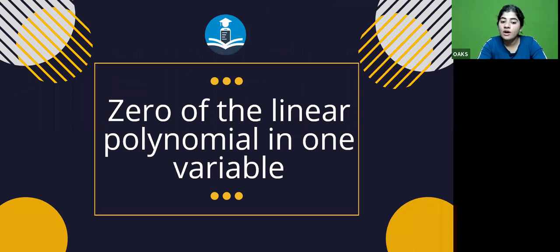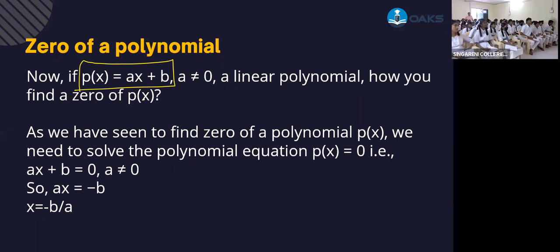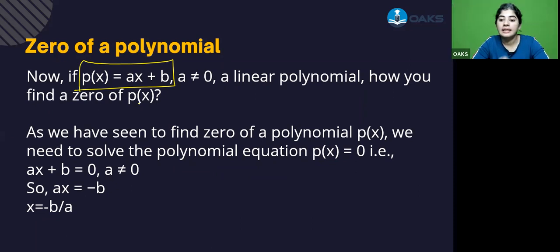Now, 0 of the linear polynomial in one variable. You understood the concept of what is 0 of the polynomial. Now we are finding 0 of linear polynomial only. Now, if px is equal to ax plus b, is this a linear polynomial? What is the degree here? 1. Linear polynomial has degree 1.